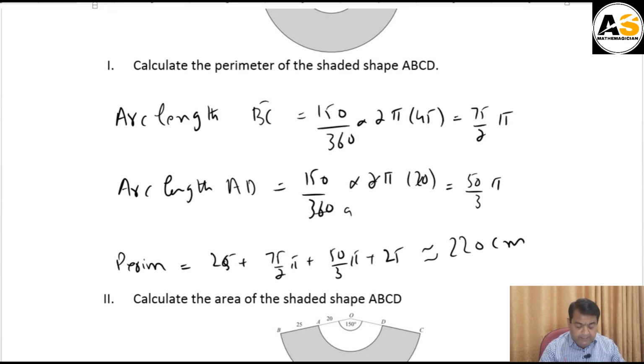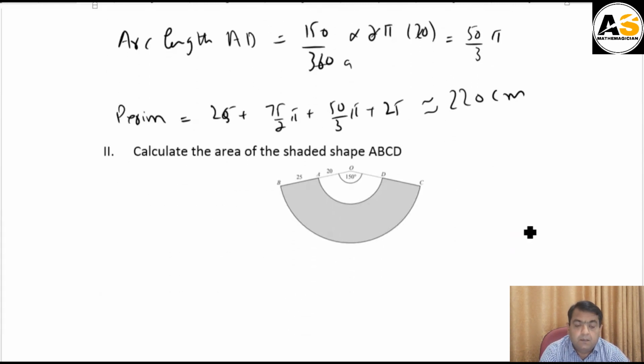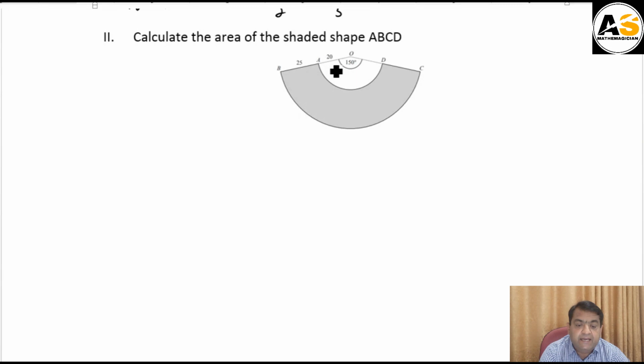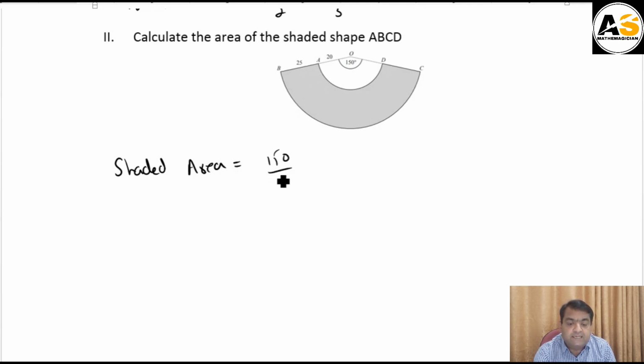Next we have to find the shaded area. Shaded area is basically area of the large sector minus area of the small sector. Shaded area will be equal to area of the large sector, 150 over 360 into pi r square, minus 150 over 360 into pi r square.